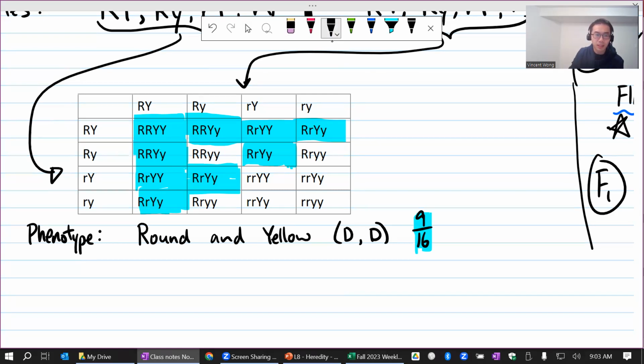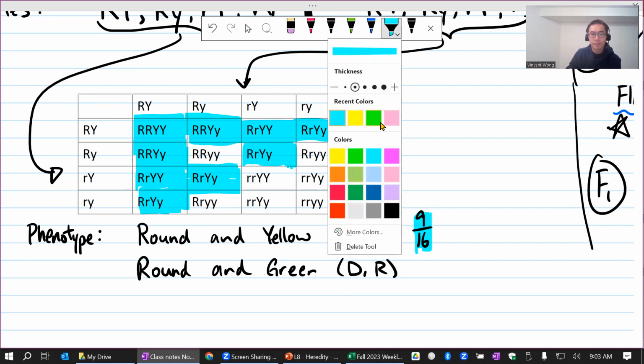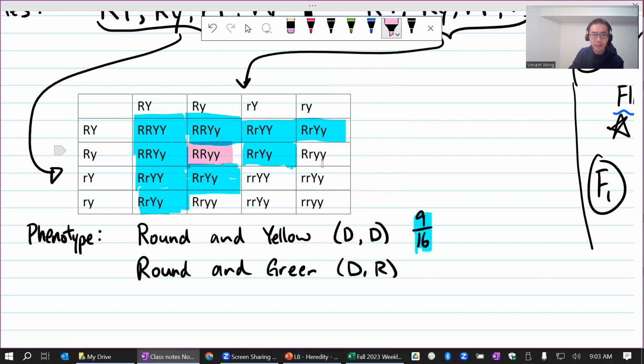Okay, so let's look for another one. Let's go with round and green. Okay, so this is dominant and recessive. Round and green. Okay, so there is a round and green.